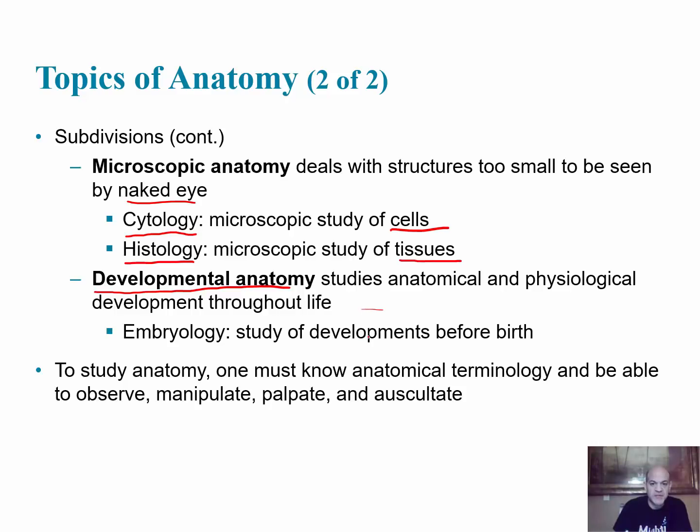Embryology, for example, is the study of development before birth, so you would be studying the development of the embryo or fetus. And to study anatomy, one must know anatomical terminology and be able to observe, manipulate, palpate, and auscultate. Auscultate means to hear, like if you're listening, for example, to the heart within the chest cavity.